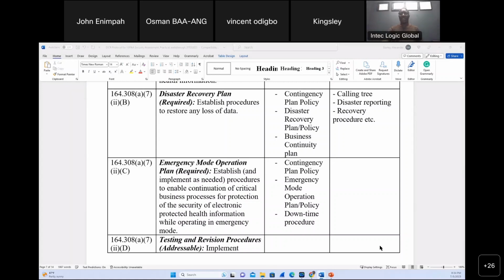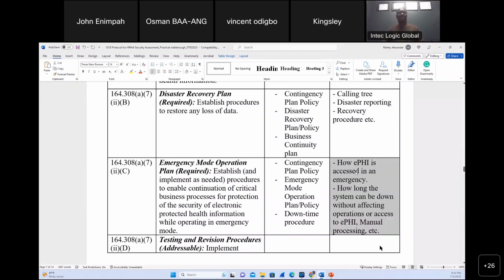So here, what you want to see is how PHI is accessed in an emergency mode, right? So it could be paper-based or whatever it is, manual. How PHI is accessed in an emergency, how long the system can be down without affecting operation or access to PHI, is there any manual process that they follow, right?